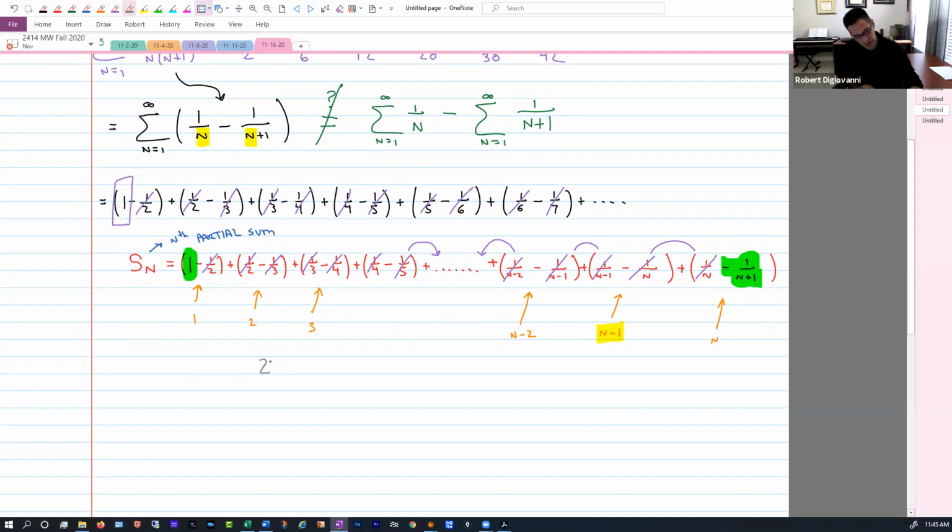I'm going to say the second number in a parentheses, I'm going to just be using very shorthand. The second number in a parenthesis cancels the first number in the parentheses 1 down.